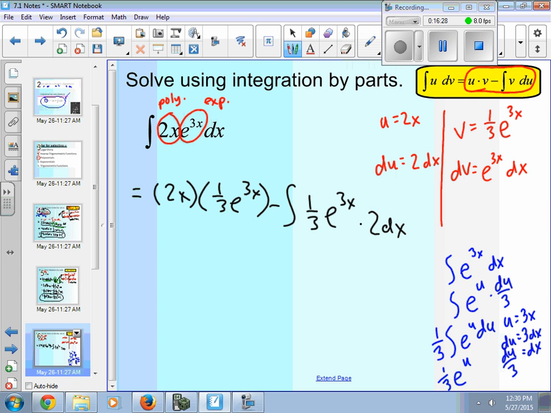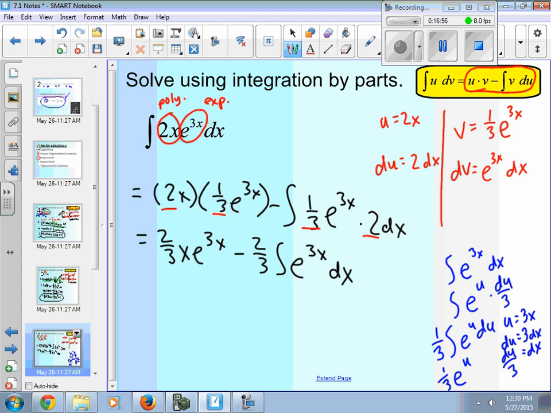All right, so doing some simplifying here, we got a couple constants we could multiply together. 2 times 1/3 is 2/3 x e to the 3x. Here we also have some constants, and since we're doing an integral, let's maybe pull those out. So if we pull out the 2/3, we got to figure out what's the antiderivative of e to the 3x.